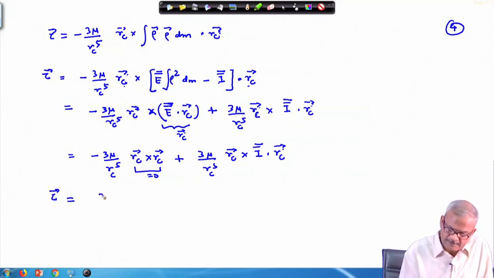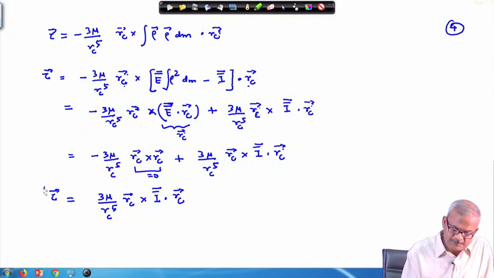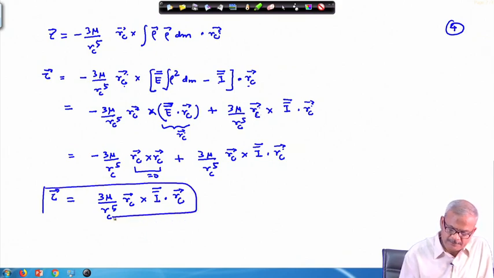And what we get is 3 mu by R c to the power 5, R c cross I double bar dot R c. So, this is the gravity gradient torque equation.